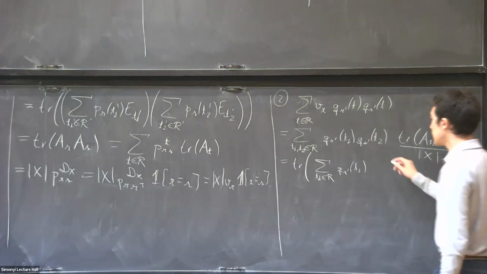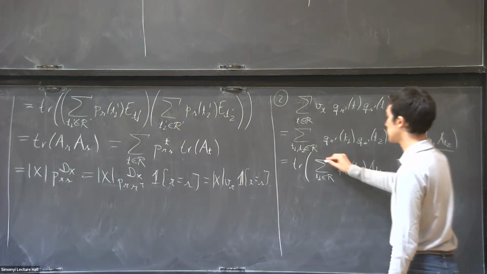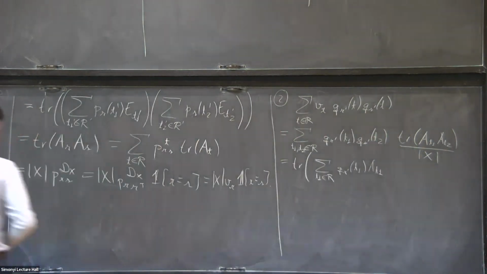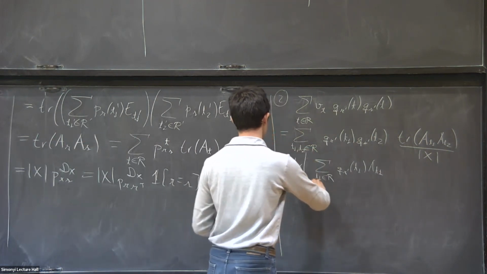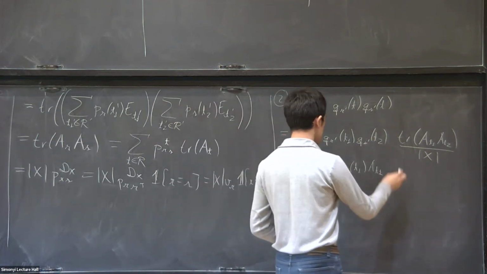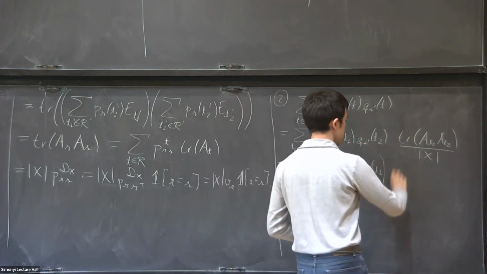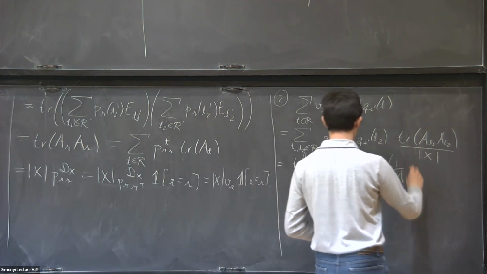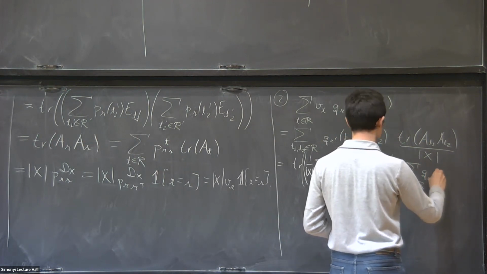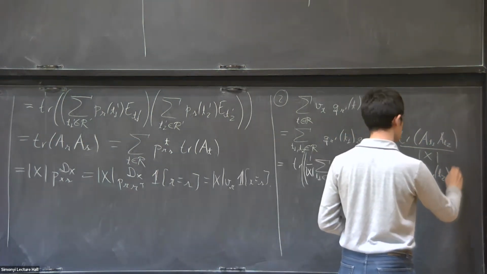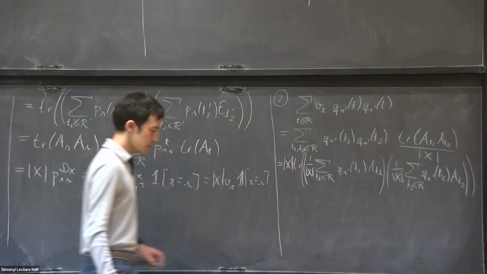Okay, so you get this times Q T1. Because I want to put 1 over X here, and I want to put another 1 over X here. And then I have this X to compensate.